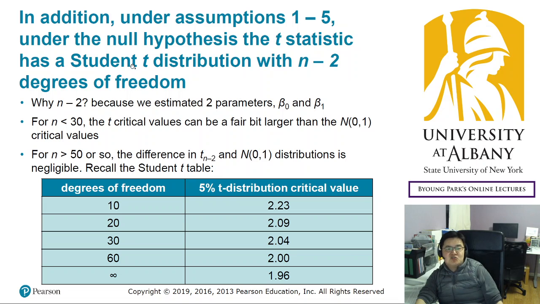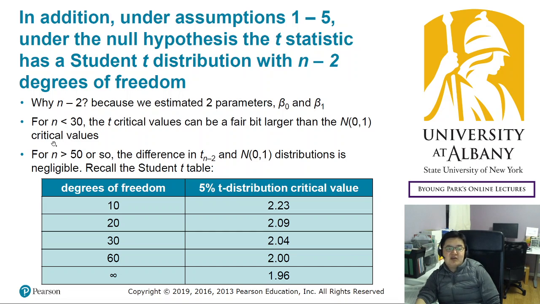I think the t distribution is not worth studying these days because, remember the point, you need a large sample size. Usually the authors say more than 50, but it is really easy.